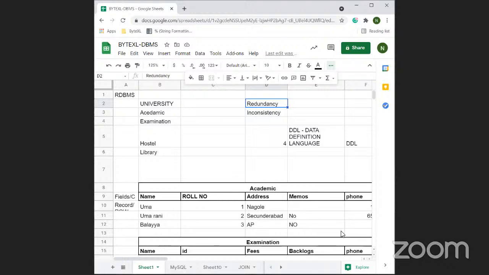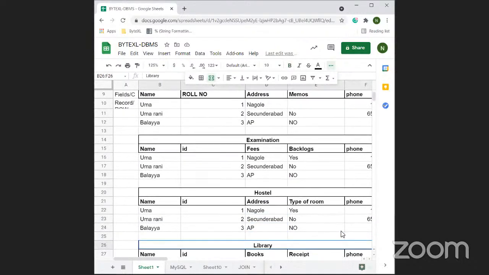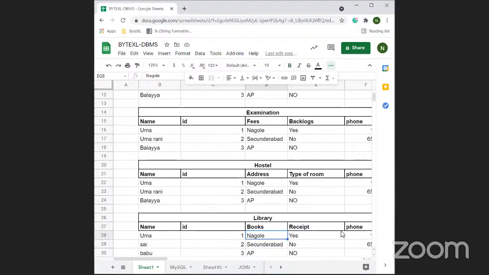Never ever have the same data copied in two places. The reason is pretty straightforward. Why should redundancy not be there? Initially, imagine in the first year, I want a library card for some books.